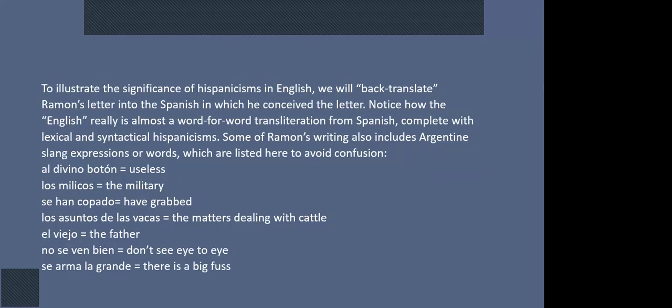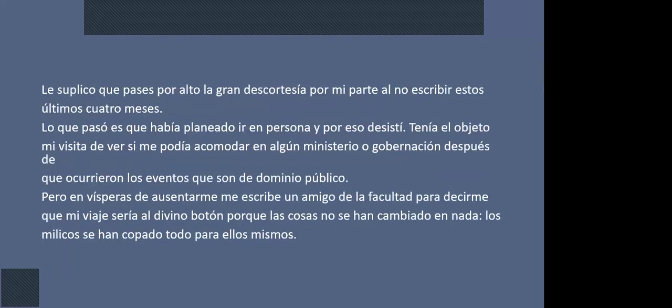Okay. Now, you see, we have a situation here: a letter that we need to back translate. I did not bring the original here. I mean, this is the original in Spanish, but I didn't bring the version in English. Let's give it a try, to do some sight translation here. So I beg you, forgive me for my lack of courtesy for not writing during these past 4 months.